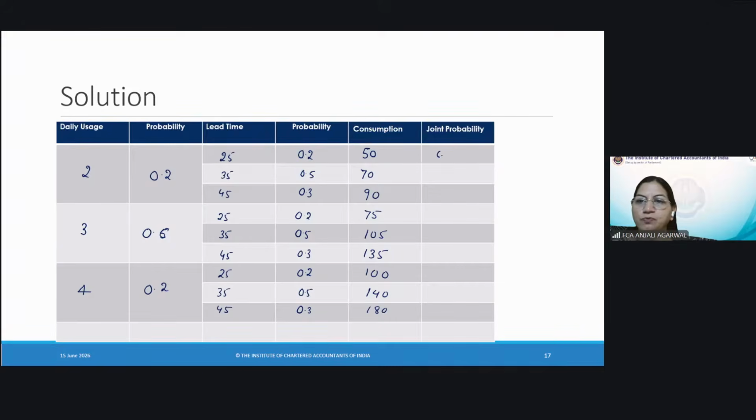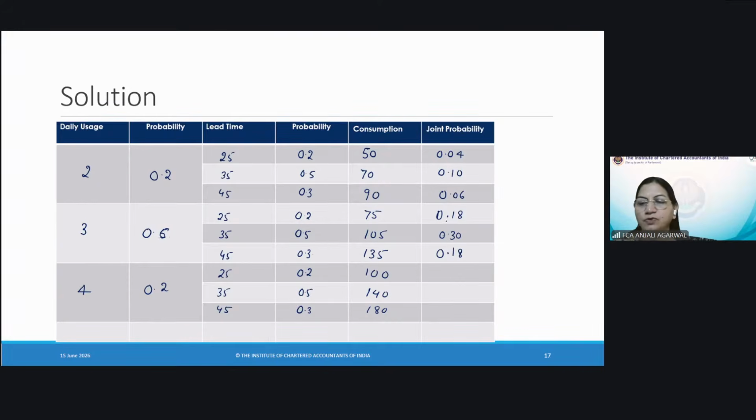0.2 into 0.2, 0.04, 0.10, 0.06, 0.18, 0.30, 0.6 into 0.5, 0.6 into 0.3, once again 0.18.